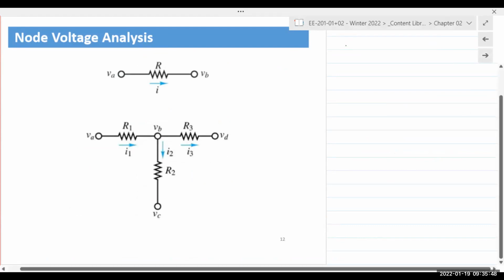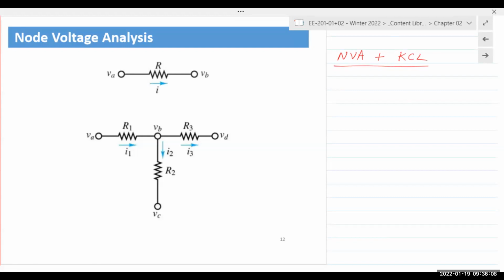We want to generate equations by applying either KVL or KCL. So for node voltage analysis, we are going to apply KCL and generate our equations.